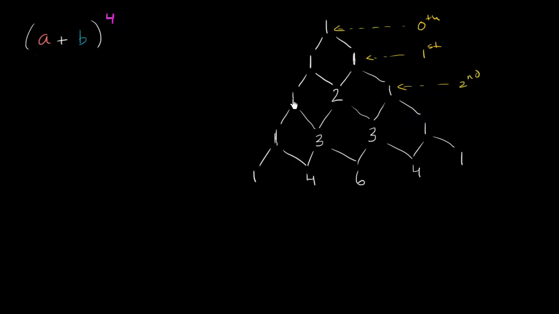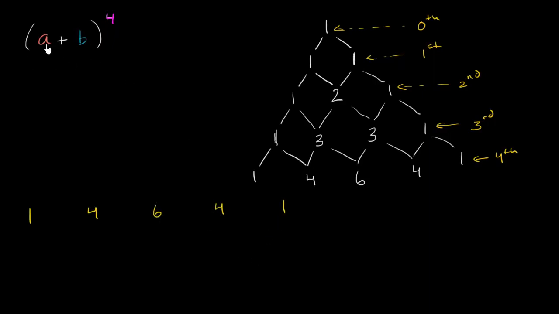But when you square it, it would be a squared plus 2ab plus b squared. If you take the third power, these are the coefficients. And the fourth power, these are the coefficients. So let's write them down. The coefficients I'm claiming are going to be 1, 4, 6, 4, and 1. And how do I know what the powers of a and b are going to be?